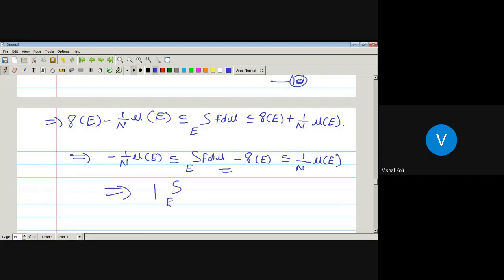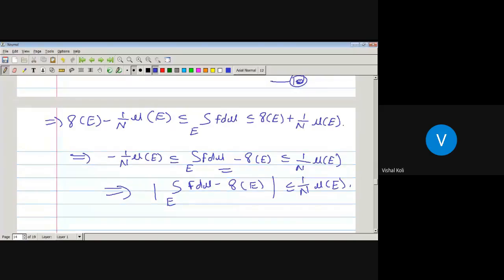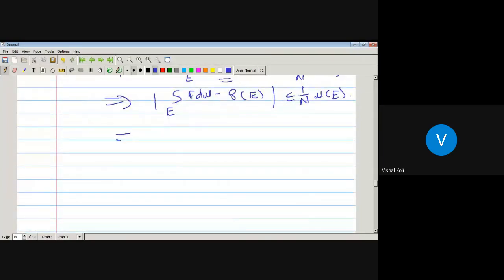Therefore, the modulus of the integration over set E of f d mu minus gamma of E is bounded. But as mu is a finite measure space, we can choose n large enough such that 1 by n measure of E is less than epsilon. Therefore, we get the modulus of the integration over set E of f d mu minus gamma of E is less than epsilon, since we have already chosen such an n that 1 by n measure of E is less than epsilon.